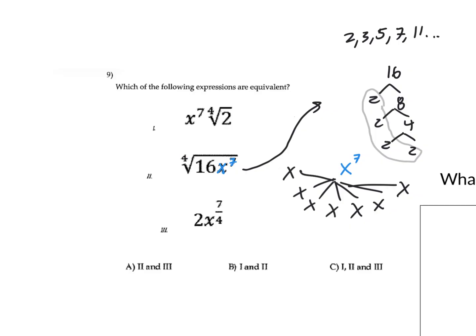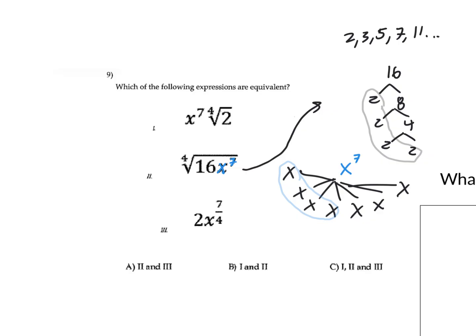Do we have groups of 4? Well, yes, we have this group of 4, but that's it, right? So as it pertains to the 16, a 2 is going to get out and nothing is going to be left. As it pertains to the x to the 7, one of these x's is going to get out and these 3 x's are going to be left inside, right?